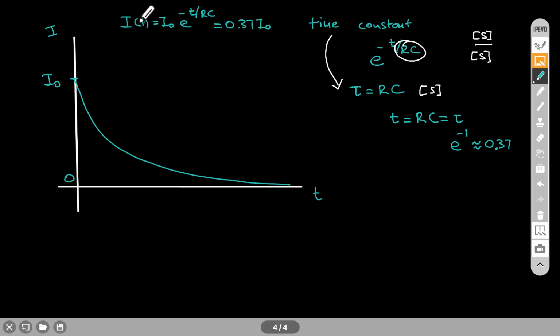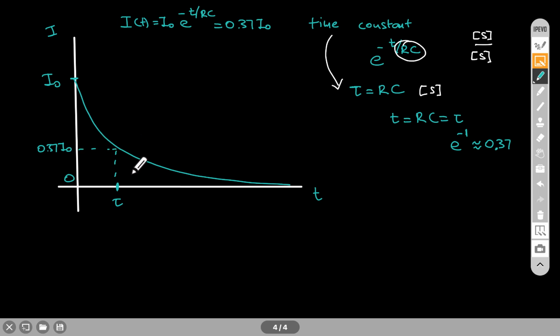What this means is that your current at that moment in time is equal to 37% of what you had at the beginning. So say if my time constant is at this point on the time axis, then the 0.37 I naught is somewhere here.